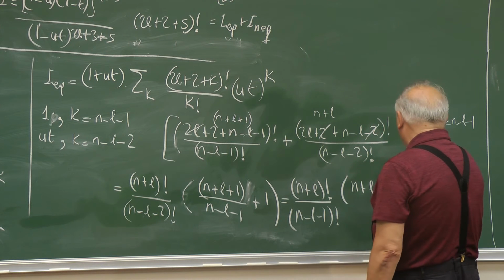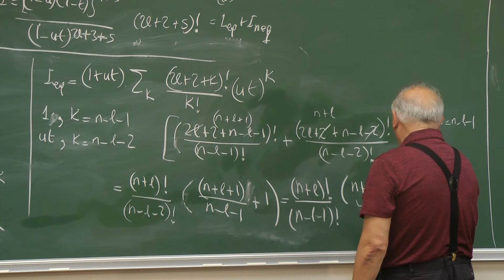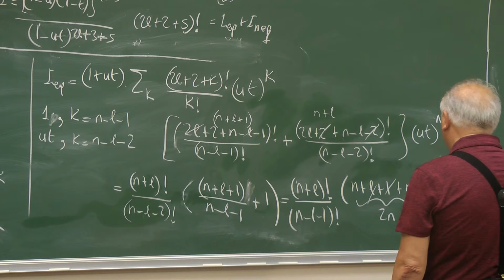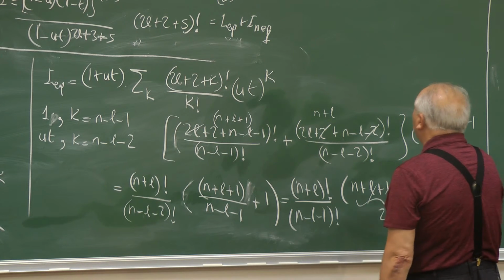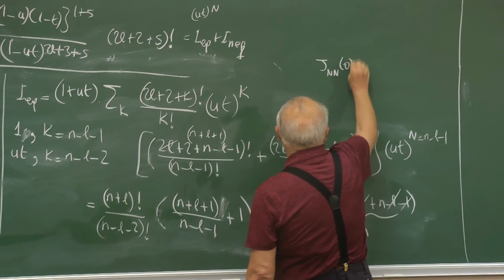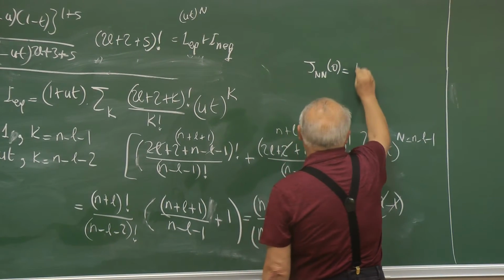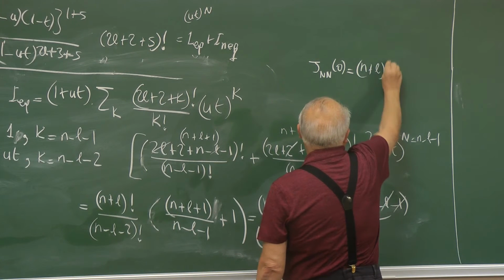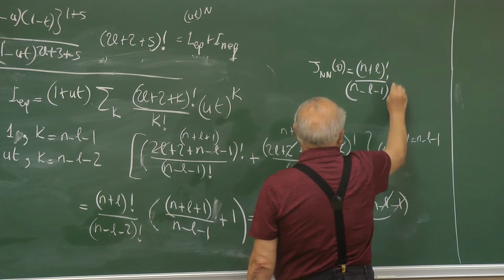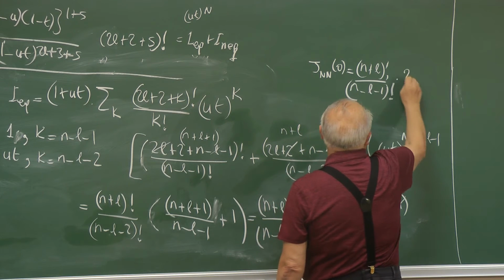So this part gives me a 2n. We are finished. This gives J_n0 equals (n plus L) factorial divided by (n minus L minus 1) factorial times 2n.